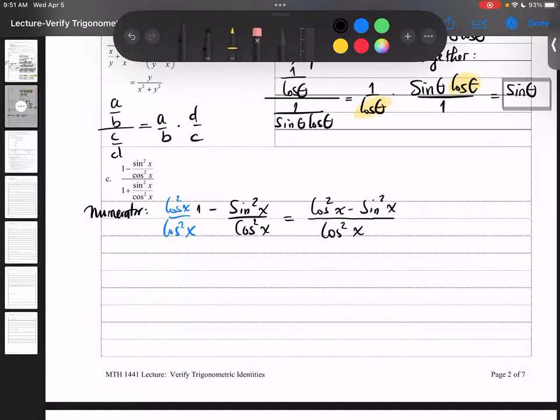Because I don't want you to wait all that time, simplify it, and then at the end you don't use it. The denominator is 1 plus sine squared x over cosine squared x. Very similar, it's just different, there's a plus sign in between. So multiply the 1 by cosine squared x over cosine squared x.